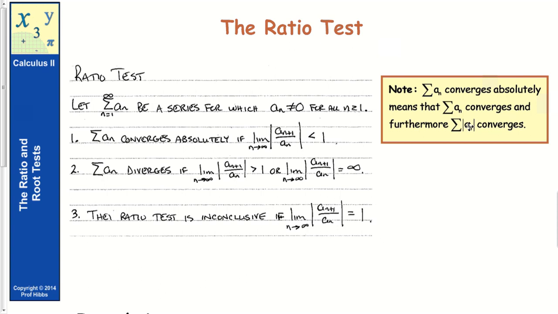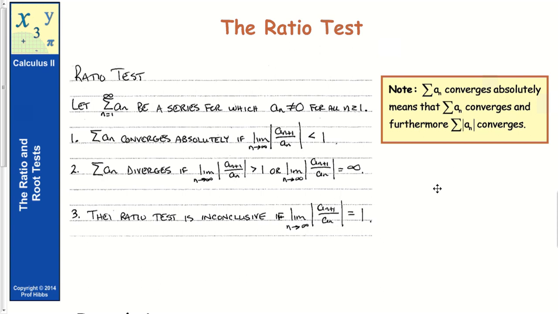Occasionally we can have a series where some of the terms are positive and some are negative, and that series may converge where the series of absolute values does not. Converging absolutely is a stronger statement than just converging, because the original series converges and the series of absolute values also converges.